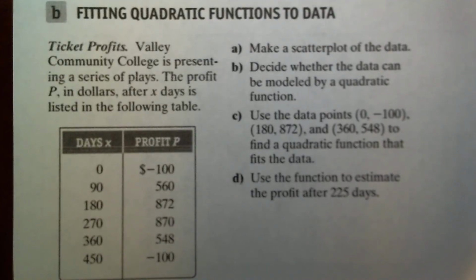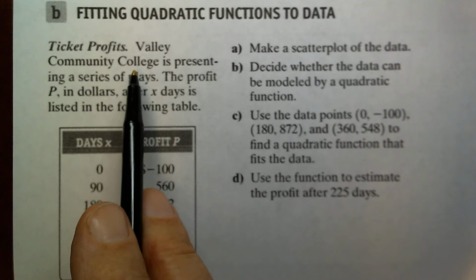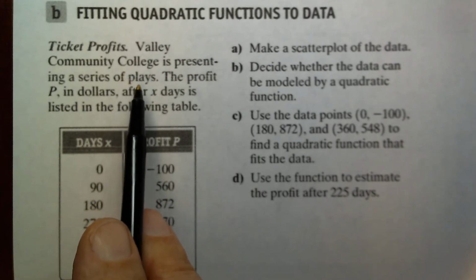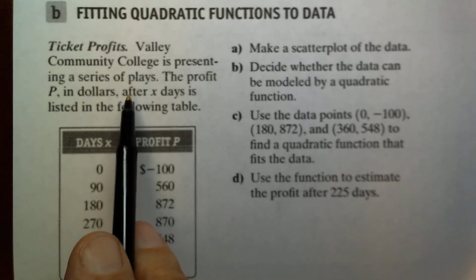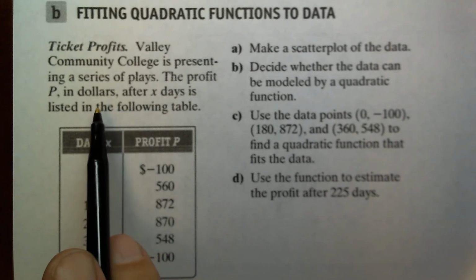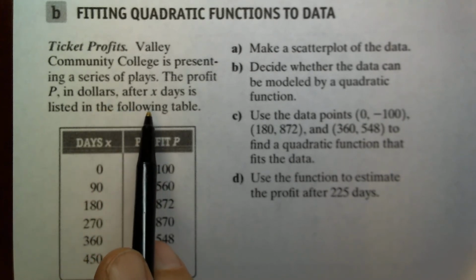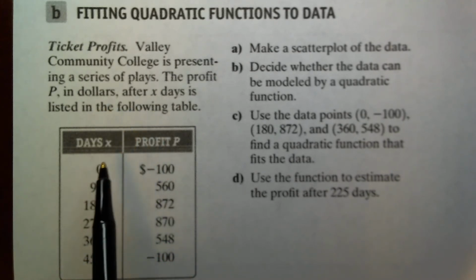The second part of the section is about fitting quadratic functions to data. Here we have a table of data. We refer to ticket profits. There's a community college that's presenting a series of plays, and the profit P in dollars after X days is listed in the following table.